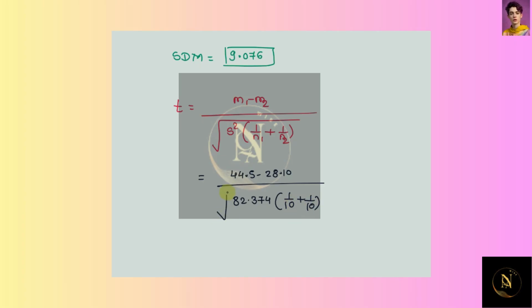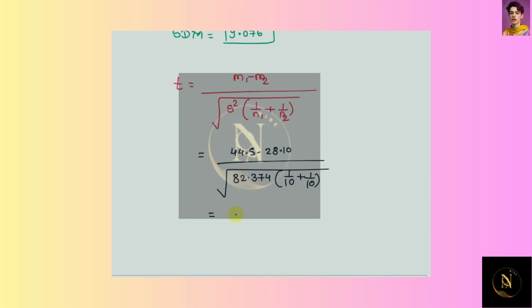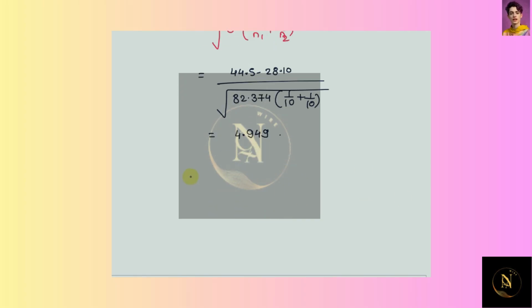So the value of the test statistic is approximately 4.949. The degrees of freedom are n1 plus n2 minus 2, which is equal to 18.